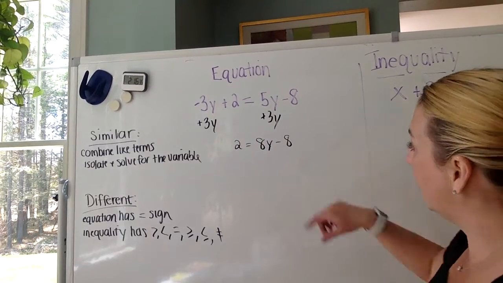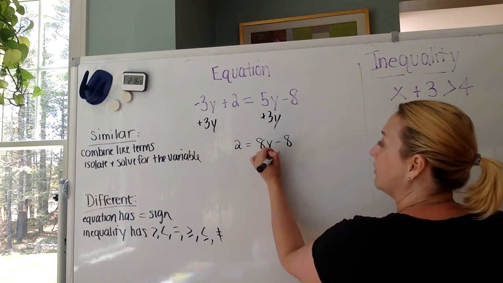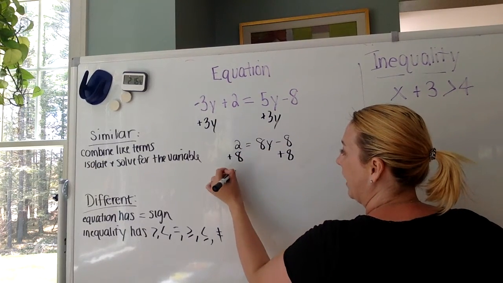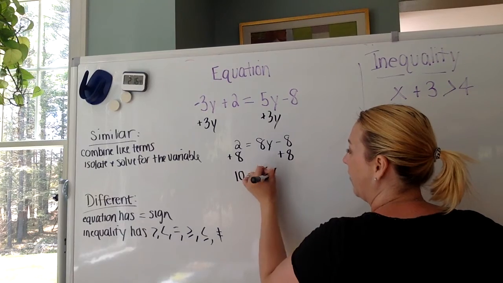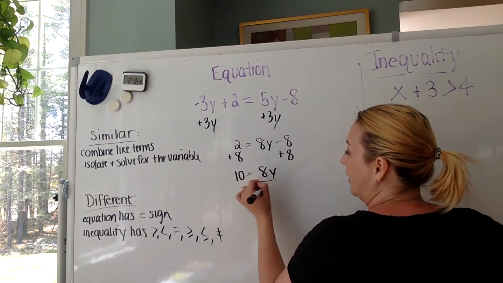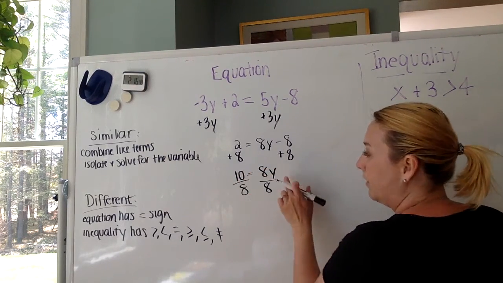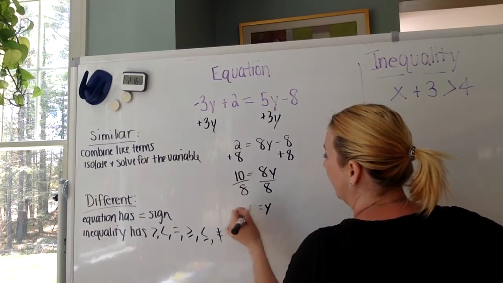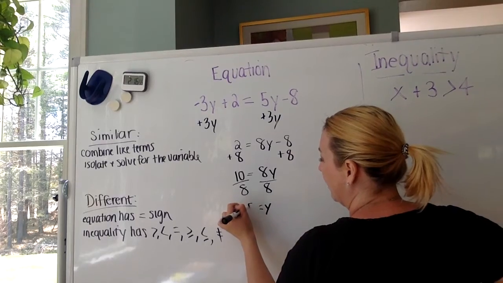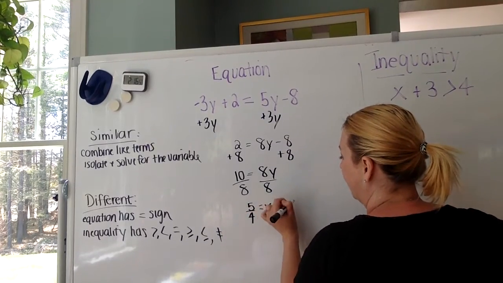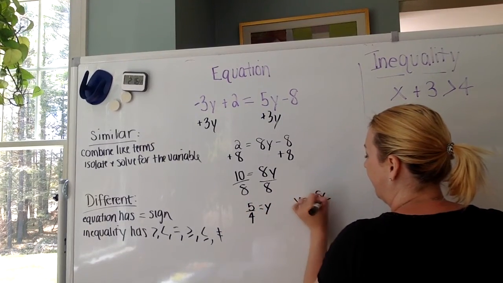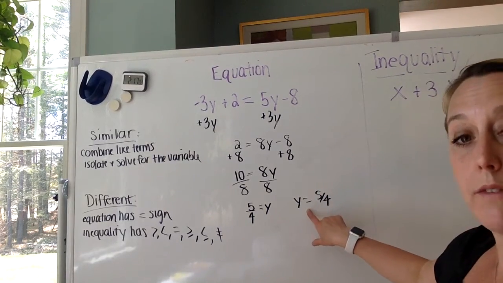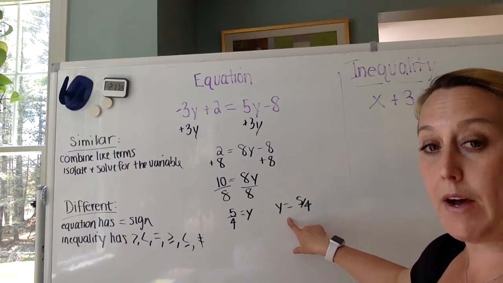We need to get rid of that constant. The opposite of subtracting 8 is adding 8, so they're equal to 0. Now I've got positive 10 equals 8y. I need to divide by the coefficient because we're trying to get the variable down to 1y, completely isolated. And 10/8 can be reduced to 5/4. So y equals 5/4.